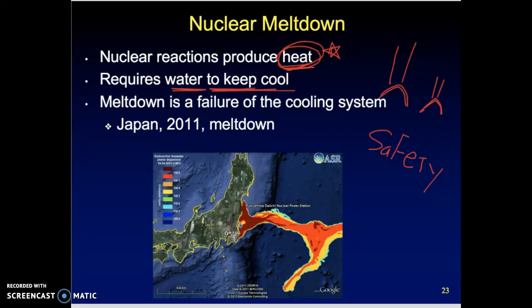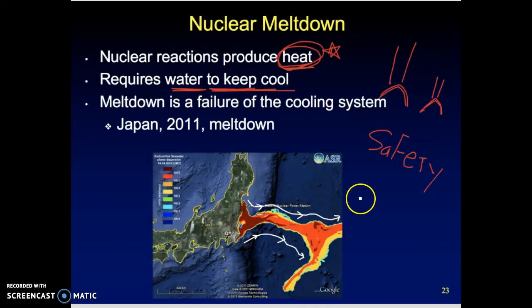So this diagram, the picture you're looking at here, is the path of the nuclear fallout from that meltdown. The nuclear fallout got carried on wind and ocean currents away from the coast of Japan. So everybody who was downwind and downstream got exposed to nuclear fallout.